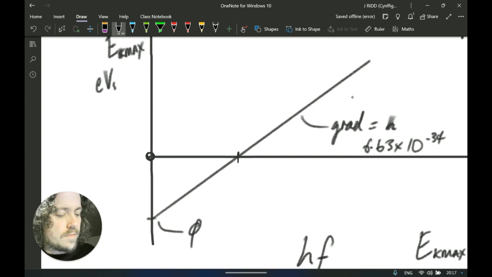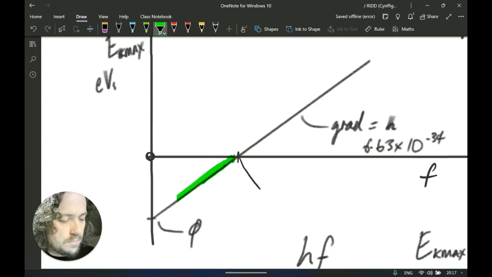Anything less than this frequency, remember we've got frequency on this axis, anything less than this frequency and we're in this region at the bottom right, the electron has not received enough energy to escape.